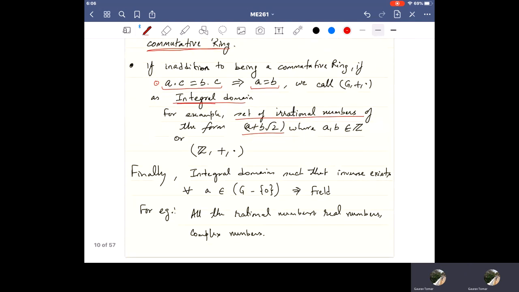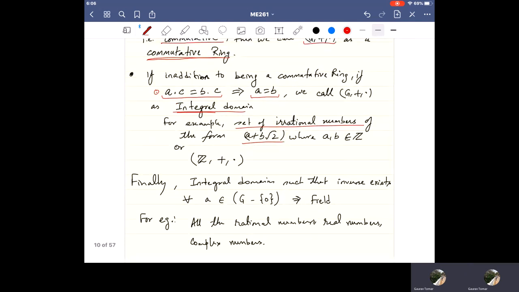Finally, integral domains such that inverse exists, right? So we said that G with dot, there is no inverse, right? It forms a semigroup. But if inverse exists, in that case, that integral domain that we've defined above would be called a field.